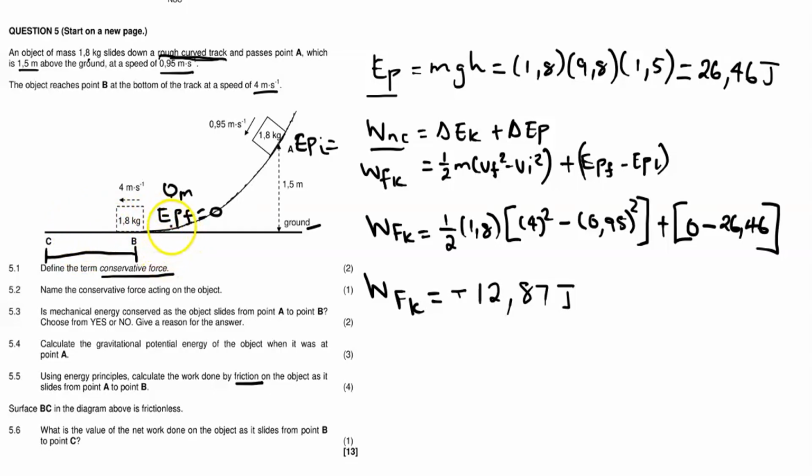So it's moving with the energy that it had when it reached B, and it continues with that. They ask, what is the value of the net work done on the object as it slides from B to point C? Obviously the net work is going to be 0, because there are no forces acting during that motion. So that is that.